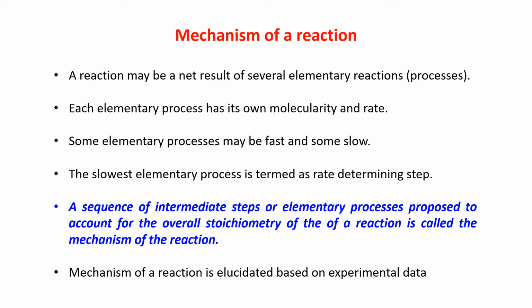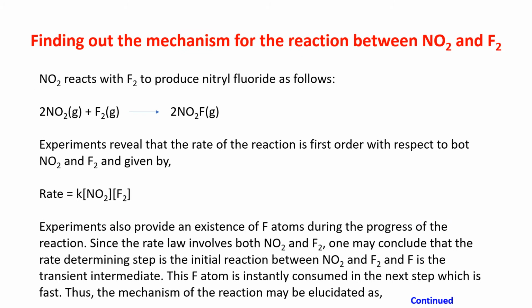How to write the mechanism of the reaction? It will come through the experimental data only. Now let us see how to find out the mechanism of a reaction. Here we have taken the example of the reaction between NO2 and F2.